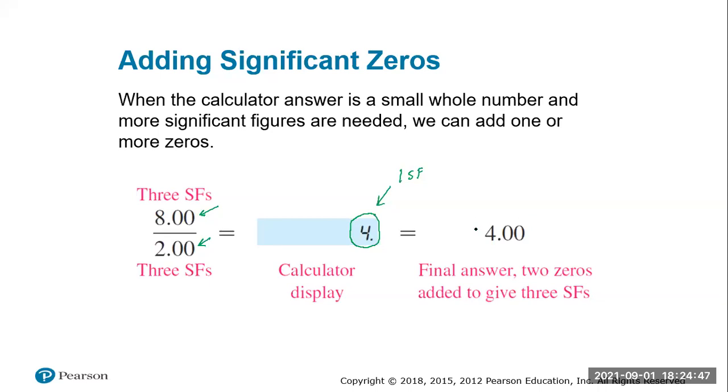So you yourself would have to add those extra couple of zeros there to report your answer to the proper number of significant figures. It's a very common thing that when you punch it into your calculator, it just spits out an answer. Sometimes you get lucky and you're right on sig figs, but most of the time the answer your calculator gives you is probably not the correct number of significant figures.